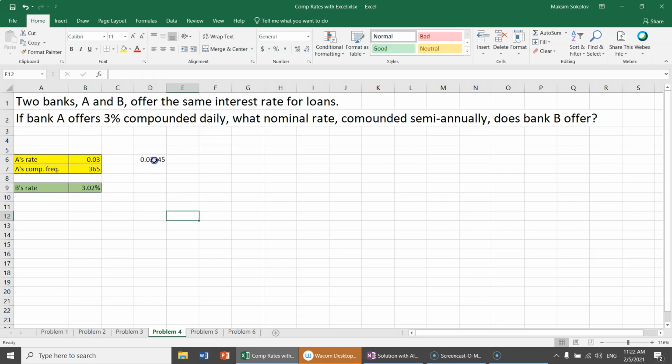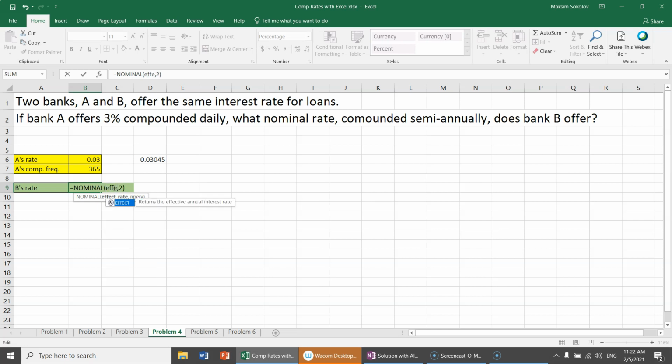Of course, we used cell D6 in order to find the effective rate that we used later in cell B9. What we can do is make all the computation in cell B9. So instead of D6 in this computation, I can insert another function which will make that computation for me without the necessity of utilizing an auxiliary cell.